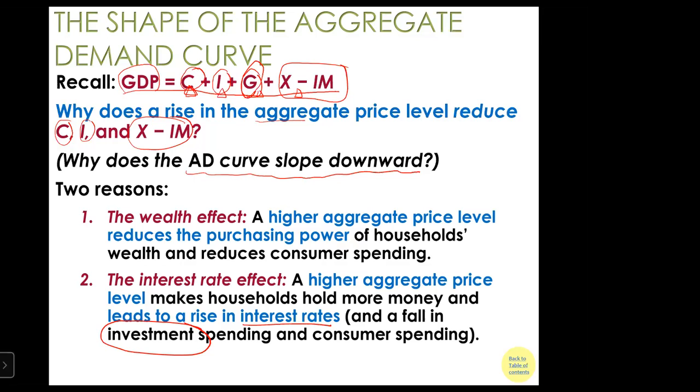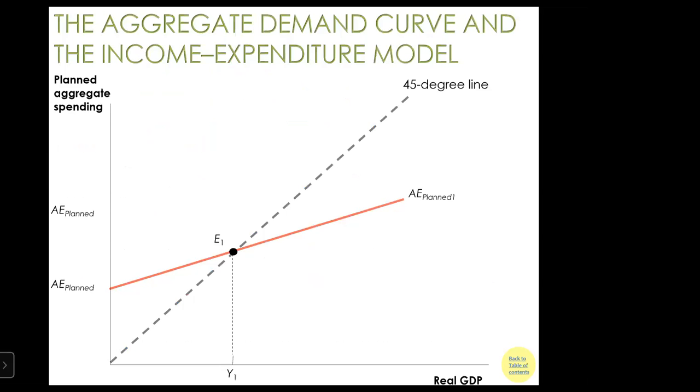Okay. So now with these two reasons, we can look at the graph to understand why the aggregate demand curve is downward sloping. Okay, so this is the income expenditure model we have learned in the previous chapter, right? The 45-degree line crosses the aggregate expenditure line, and that's going to determine the equilibrium.